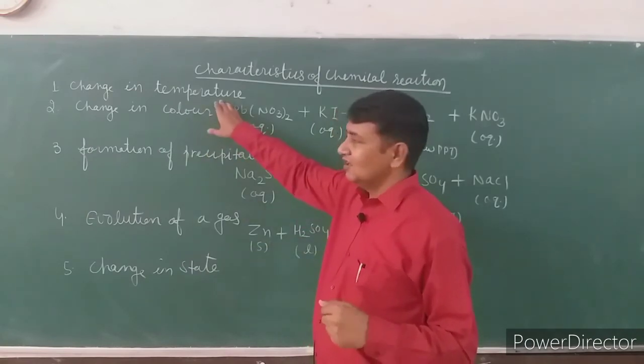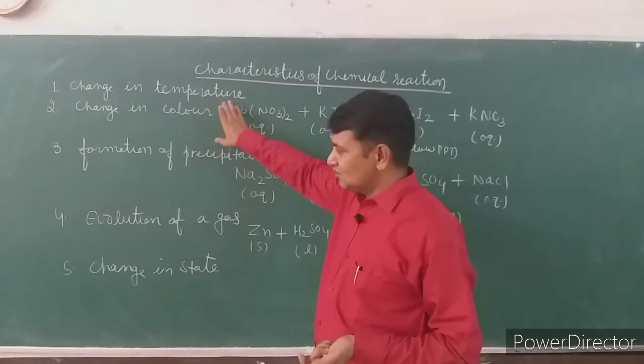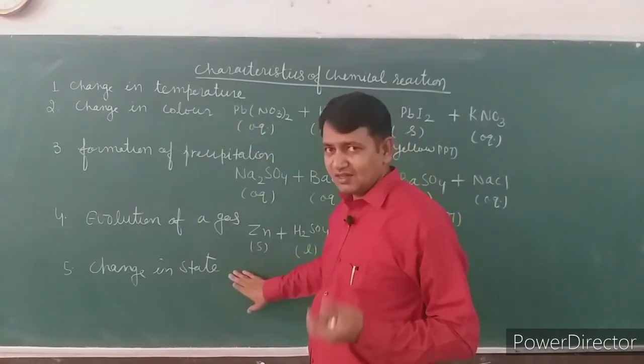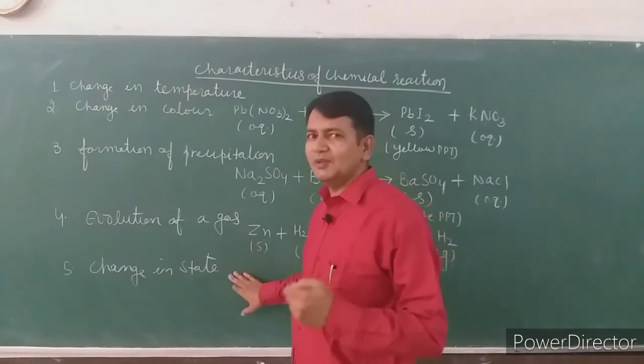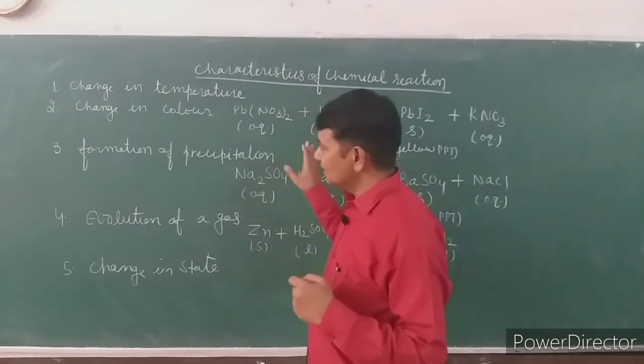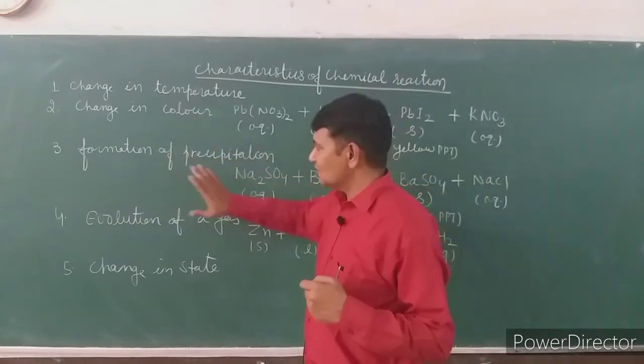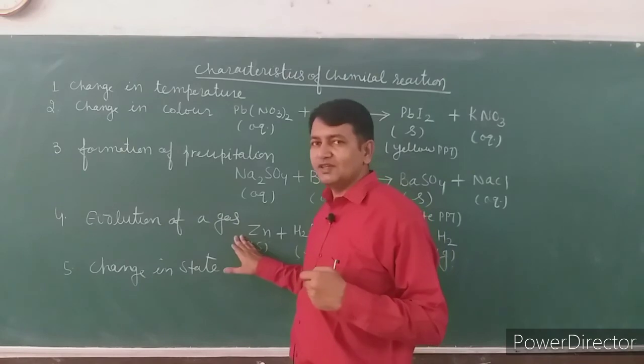We can change the physical state by changing the temperature. So these two are supplementary characteristics, but the main characteristics of a chemical reaction are these 3: change in color, formation of precipitation, and evolution of a gas.